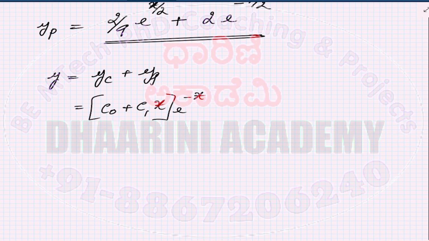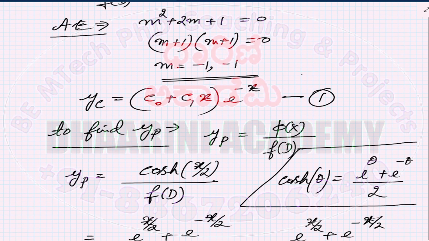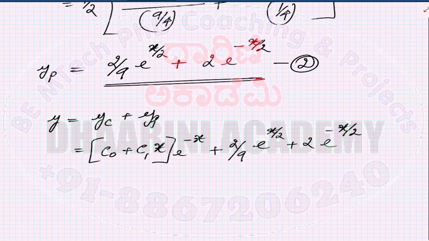You can see that this is coming from the one which we have, equation number 1. And let me call this equation 2. So 1 and 2 I'm clubbing together to get this, plus equation 2 gives me yp, so that is 2 by 9 e to the x by 2 plus 2 e to the minus of x by 2. This is the final answer for y.